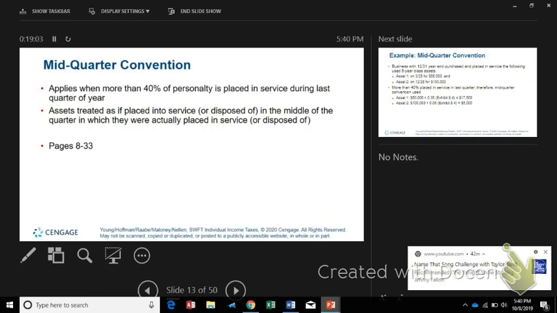Well, you can't treat it all as half-year convention and get the benefit of depreciating all of it for half a year when you put in $300,000 of it in November, which is more than 40%. They're going to make you use something called mid-quarter, and now you have to use percentages based on the quarter, and everything is based on what quarter it was purchased in.